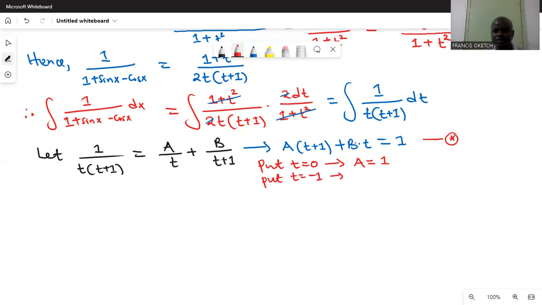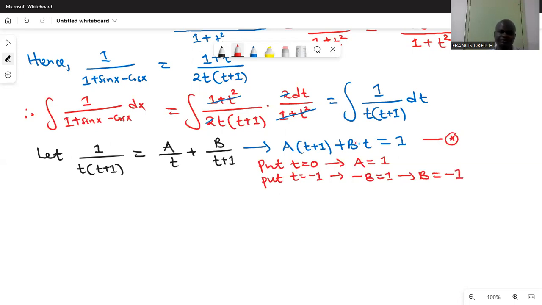That will help us eliminate the first term on the left-hand side of equation star, so that we get -b is equal to 1, or simply b is equal to -1.